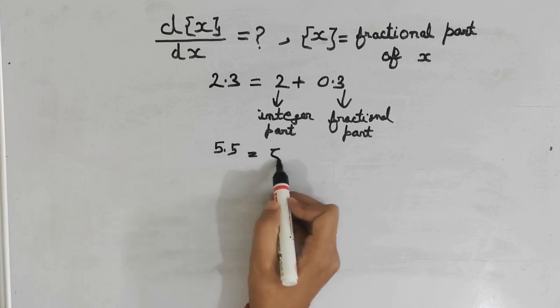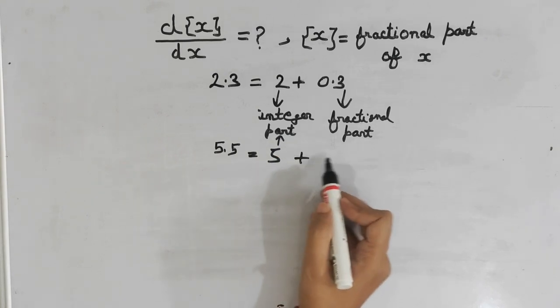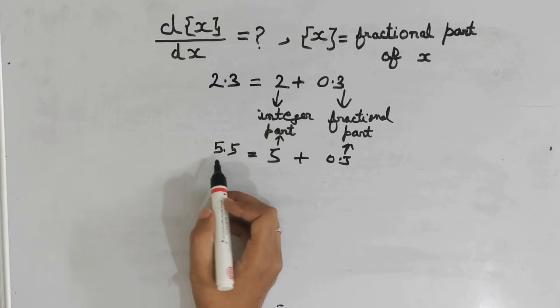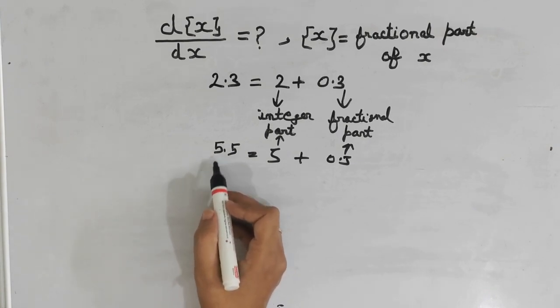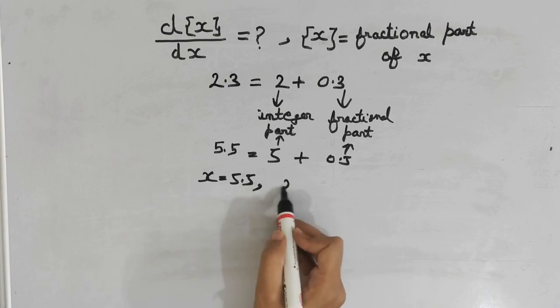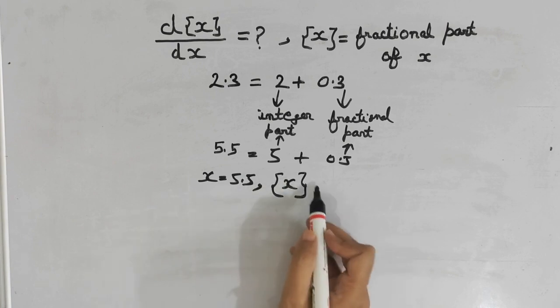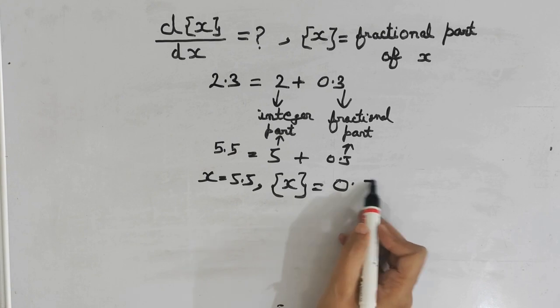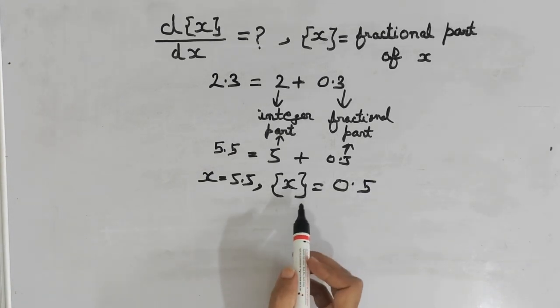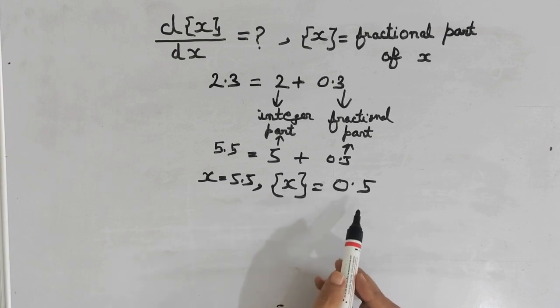So 5 would be the integer part plus 0.5. This is the fractional part. So let us assume x equal to 5.5. Then what would be this fractional part? It would be 0.5. I hope this concept of fractional part of x is clear.